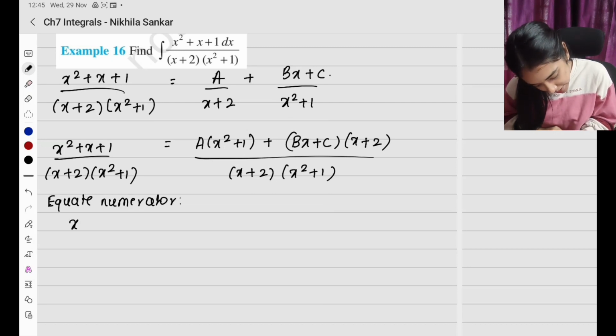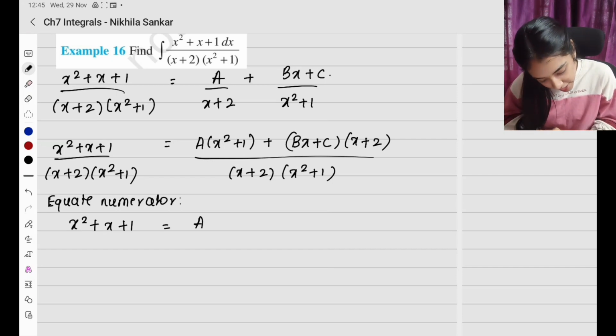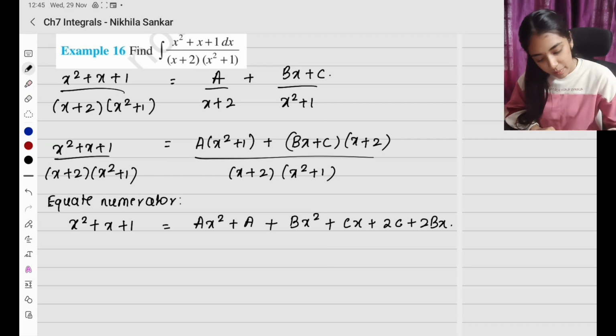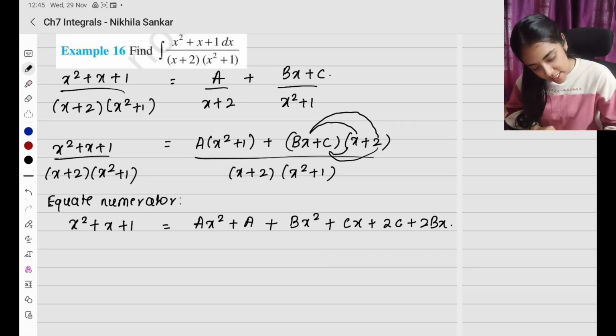So when I multiply, I have x square plus x plus 1 equals, இந்த பக்கம் என்ன இருக்கு? I have a x square plus a plus b x square plus cx plus 2c plus bx square plus 2bx. 2bx விட்டுறாதீங்க. I have bx times x square, bx times 2 is 2bx, cx 2c.